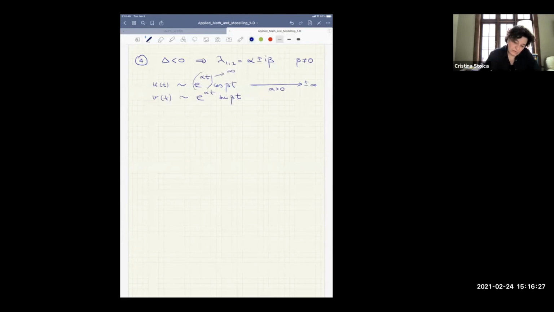So as t goes to infinity, if this alpha is positive, right? Whereas if alpha is negative, it's a different story. So if we have u of t like e to the minus 3t cos 2t, clearly this one goes to 0 as t goes to infinity, because in this case alpha is negative.